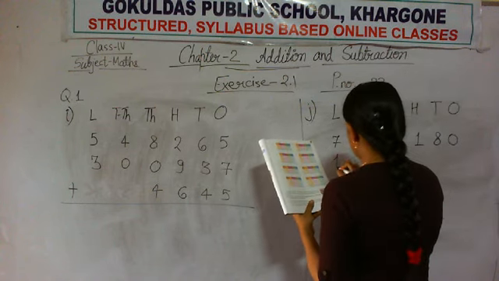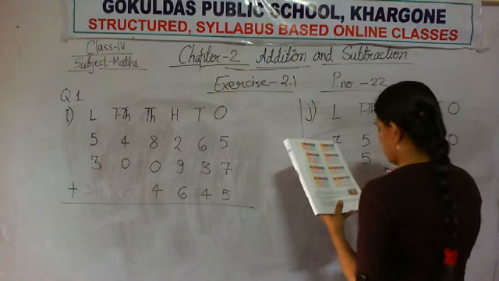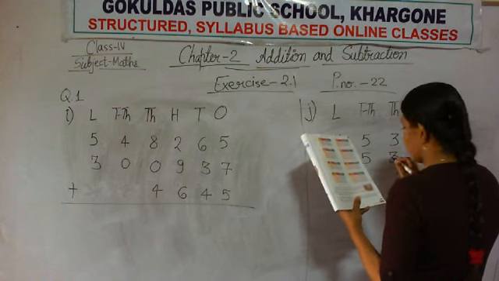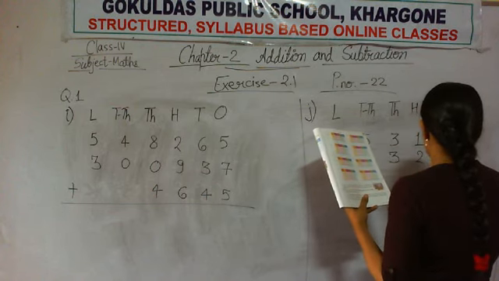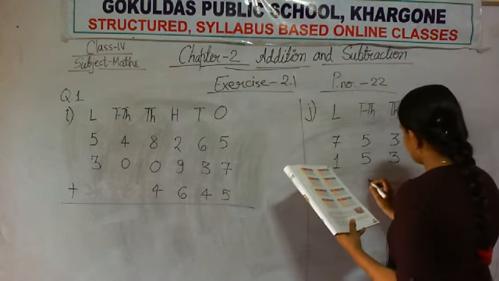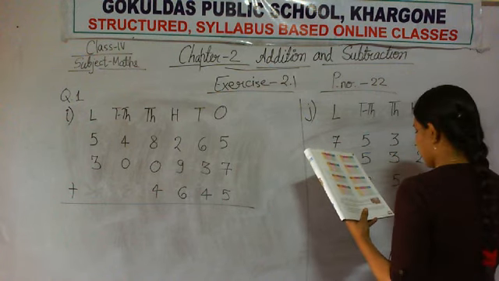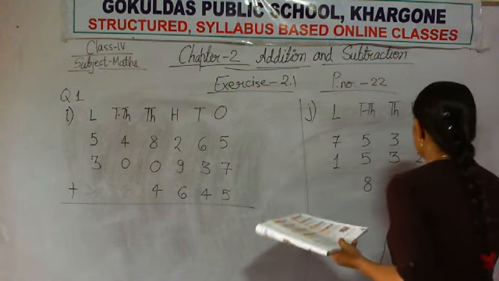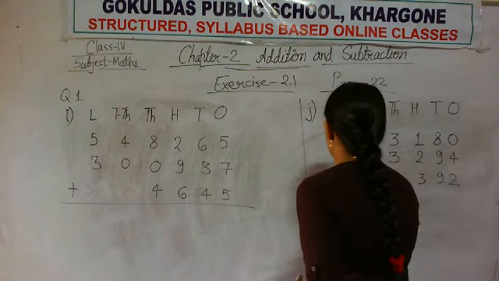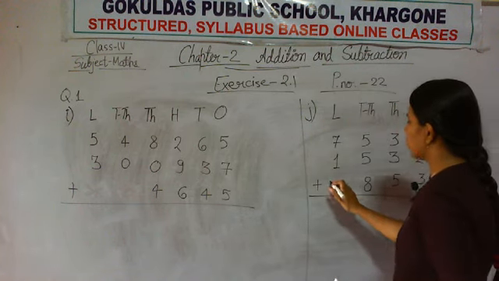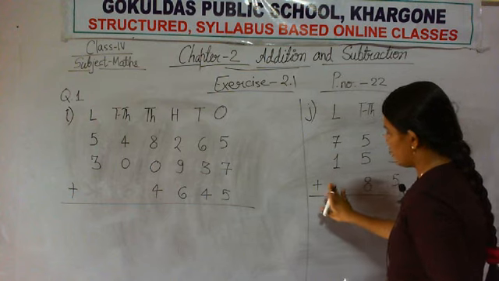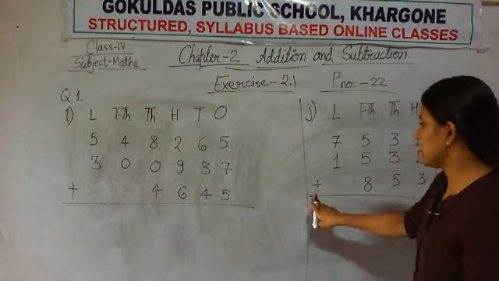The other number is 1,53,294. The next is 85,392, and you want to add this. So don't put the plus symbol here. You have to mention the symbol here.